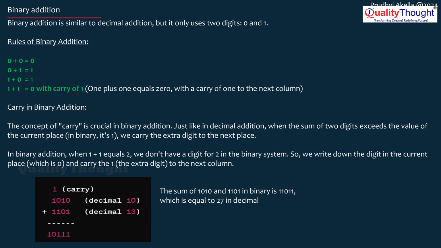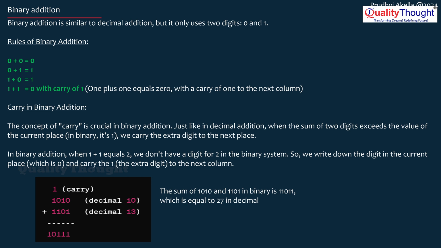When you convert the decimal number 10 into binary, this is how it looks. If you convert 13 into binary, this is how it looks. Now you're going to do a sum. 0 plus 1 is 1. 1 plus 0? 1. 0 plus 1? 1. 1 plus 1? 0. Then you have a carry forward of 1.